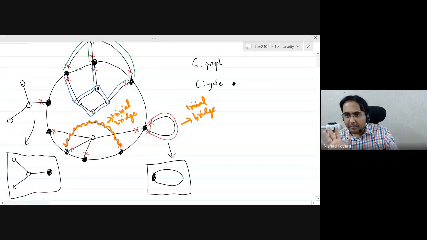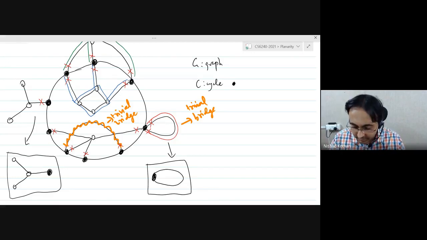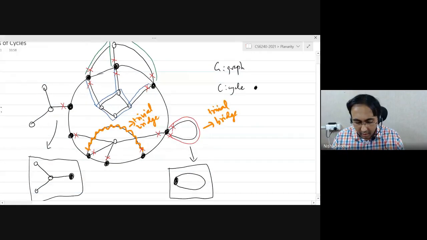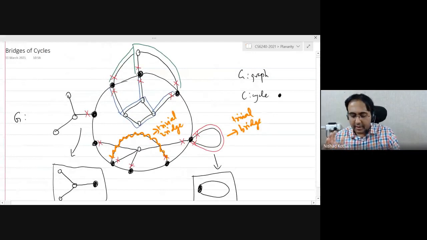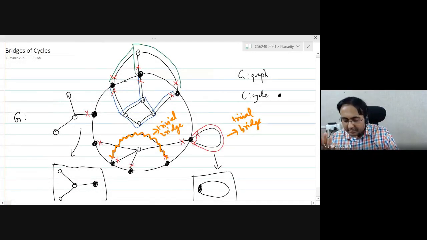Okay, so hopefully the intuition is clear. And now let me put down the formal definition. Before I put down the formal definition, let me point out the motivation for this definition. We are discussing planarity. So whenever you have a cycle, you're going to embed it. You're trying to get a planar embedding of the graph if the graph is planar.